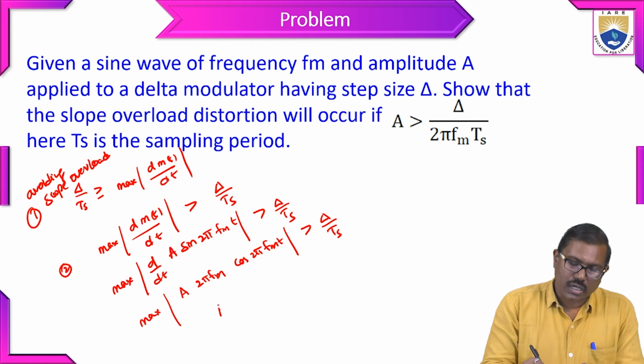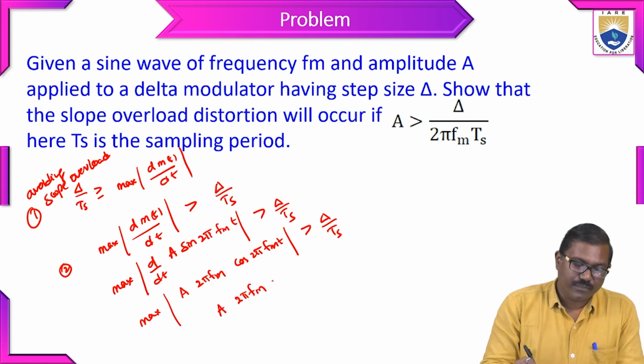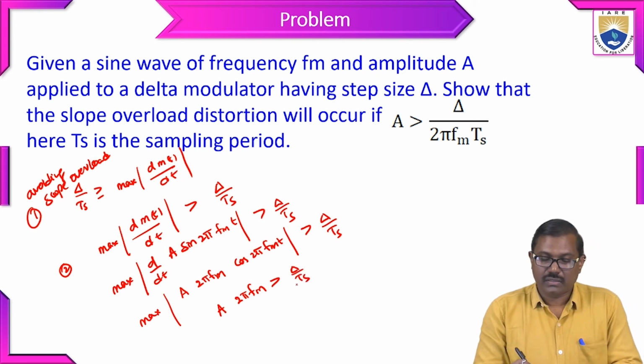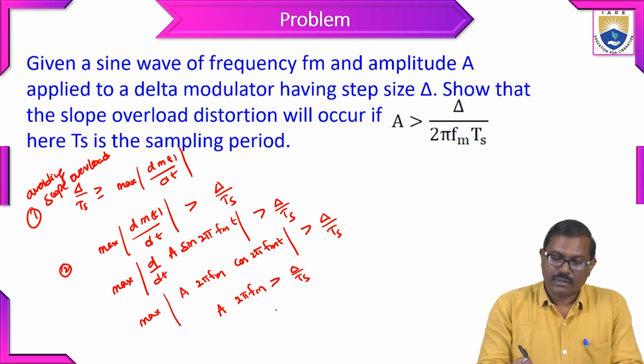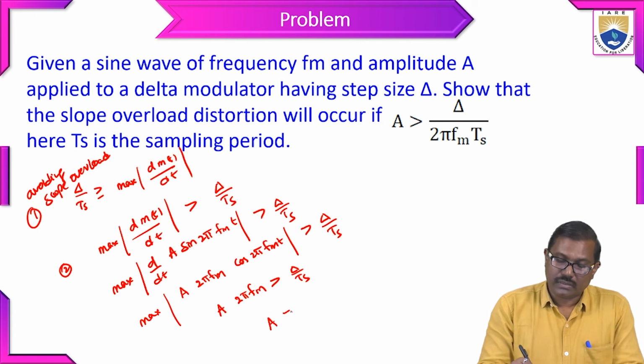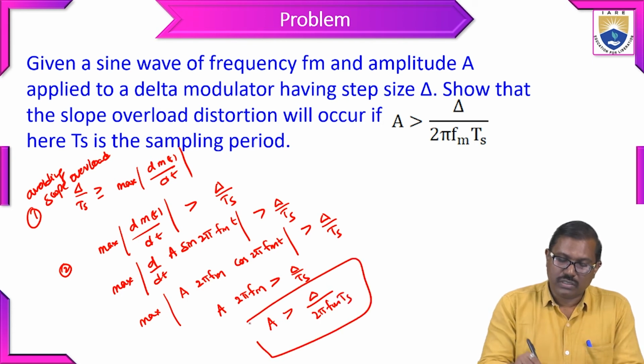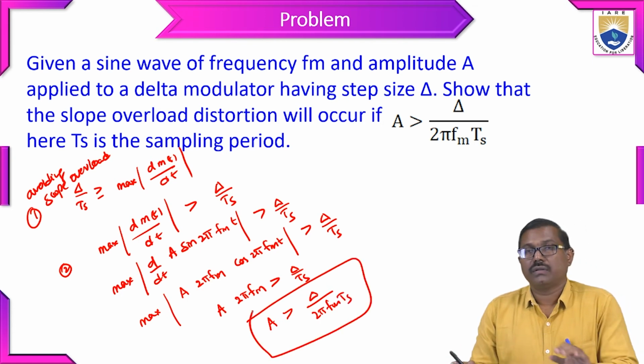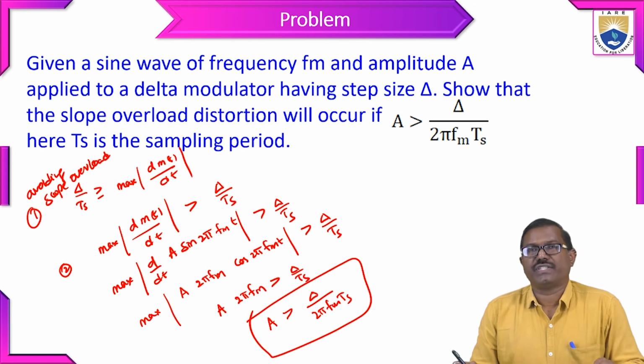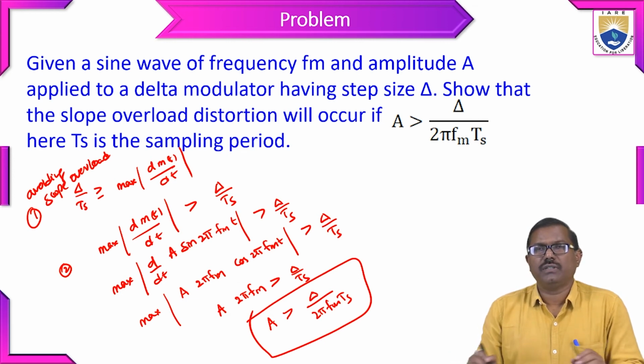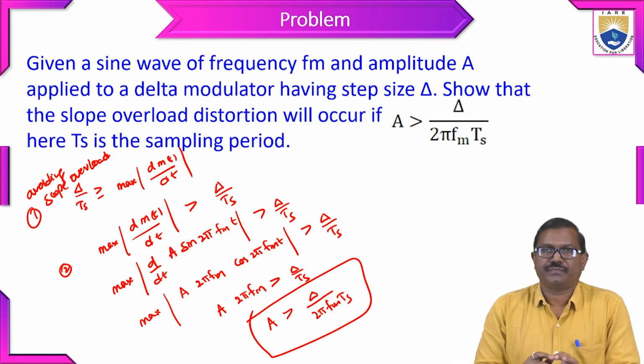So you get A 2 pi fm greater than delta by Ts. So A is greater than delta by 2 pi fm Ts. This is the required result for this problem. We have proved this using a simple condition.